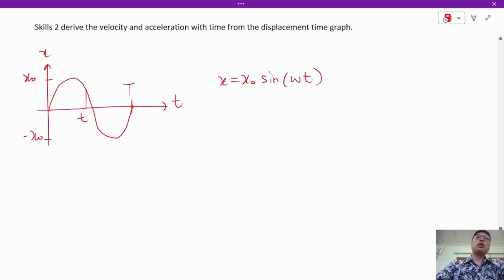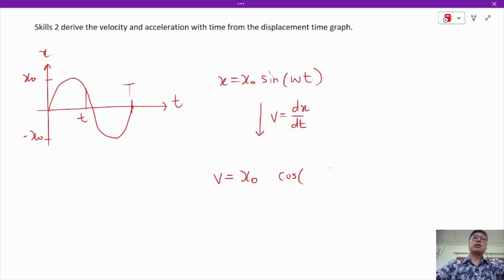Next, how do we obtain velocity? We know that velocity is the rate of change of displacement, so velocity is dx/dt. Let's differentiate this. For those of you who don't remember how to differentiate, first of all, the outside coefficient remains the same. The sine changes into a cosine, and the inside is then differentiated again to take out the omega.